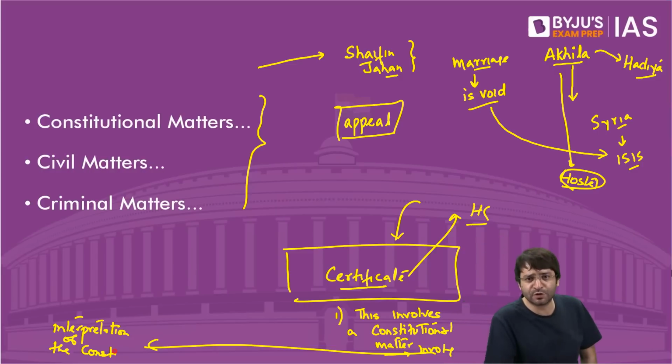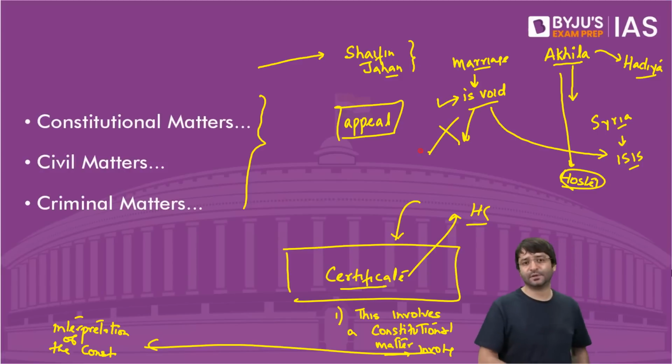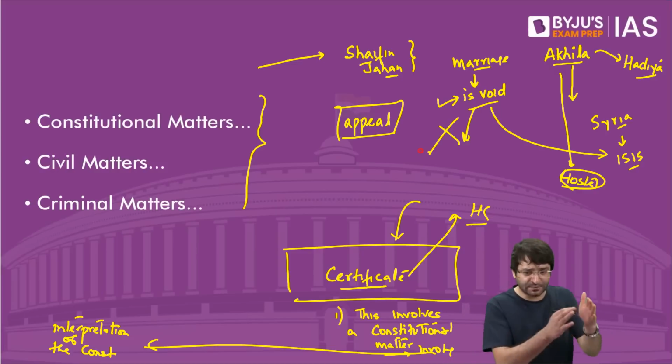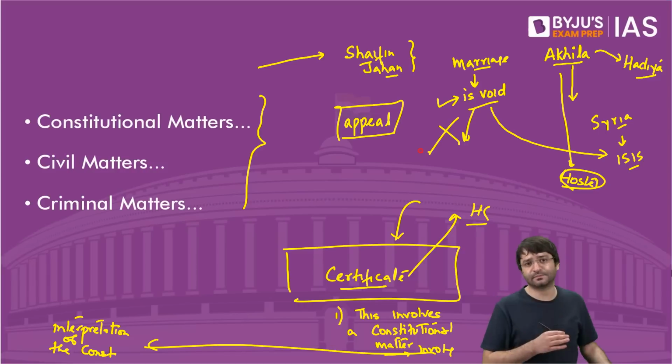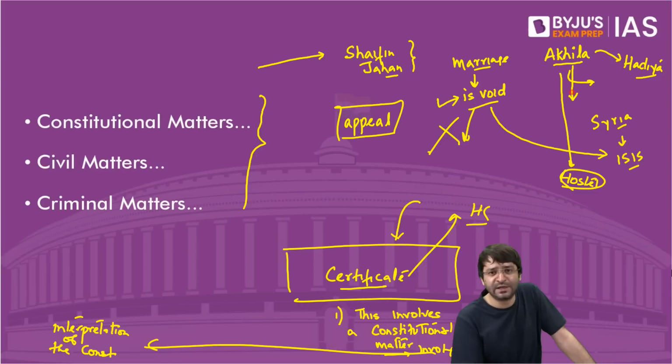Why is it a constitutional matter? The Supreme Court said, this marriage is void, this judgment is wrong. When the High Court says this marriage is void, the High Court has no jurisdiction to say this, because this is a matter between two consenting adults. Is Akhila more than 18 years of age?